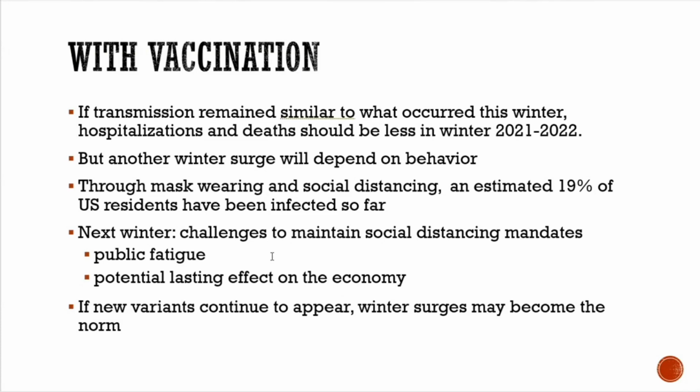I mean, we're all looking forward to, and there are plenty of discussions about, when will we be able to sort of back off on some of these things. There's certainly public fatigue that's been happening. That's nothing new. It's been happening for a while. And then the potential lasting effect on the economy, that's another challenge to whether we're going to maintain these additional barriers of protection, right? So if new variants continue to appear, the winter surges may become the norm.